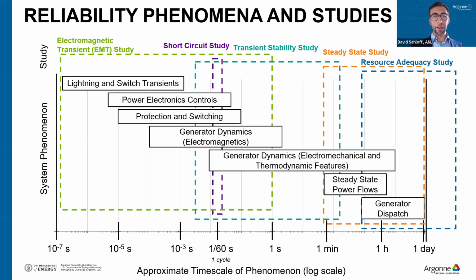So most specific, on the top, we have the type of study would be an electromagnetic transient study. This can cover really fast switching events. The next one would be a short circuit study that really focuses on just the specific moment when a short circuit might happen. Next is a slightly broader category, transient stability study, that's really looking from the slower switching dynamics up to any generator dynamics that include both electromagnetics and the mechanical and thermodynamic features.